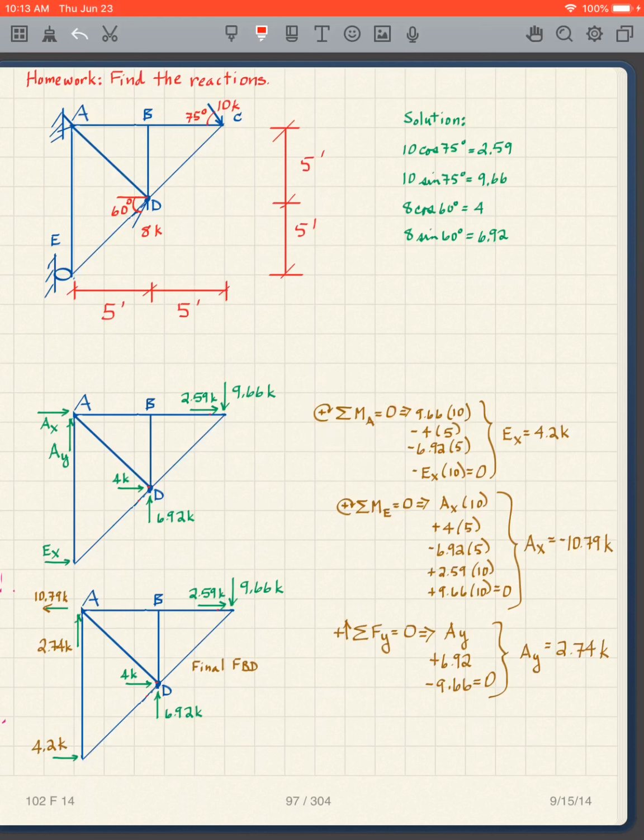And in this particular case, I did not draw the lines of action, so hopefully you're getting used to doing this. So I'm taking moments about A. Notice that line of action goes through point A, so I don't need to consider that 2.59 kips. This is going to be 9.66 times this distance, which is 10.